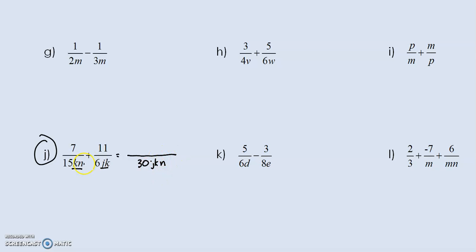I can just multiply this first fraction now by a J, and it's going to be 2J. Then this is going to be multiplied by 2J, so that's 14J. And my second one is going to be multiplied by 5n, right? That's the missing factor that we need, 5n top and bottom.